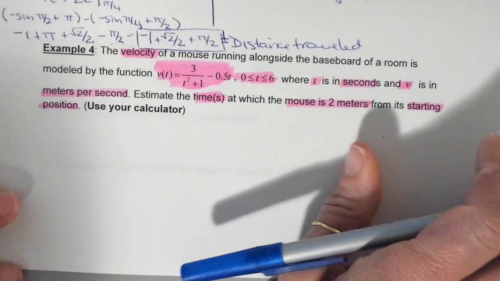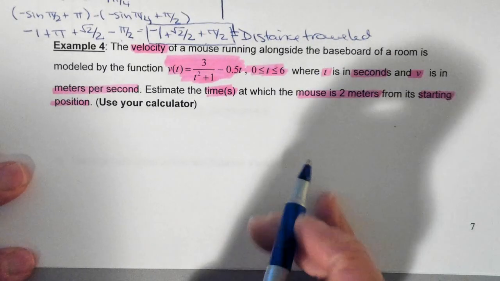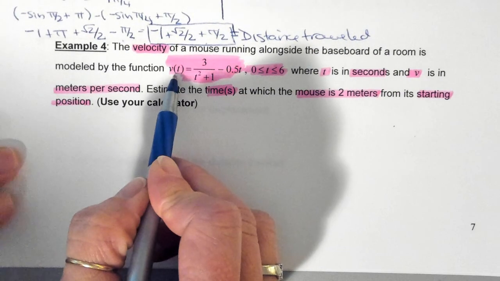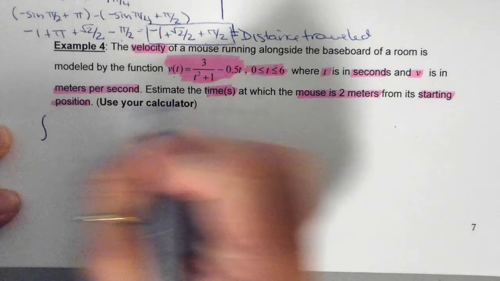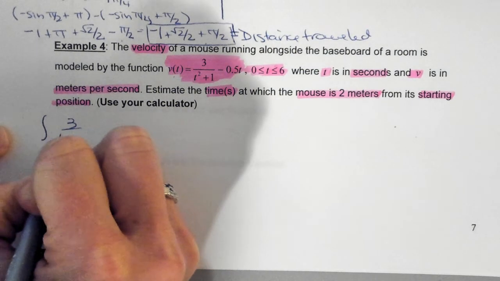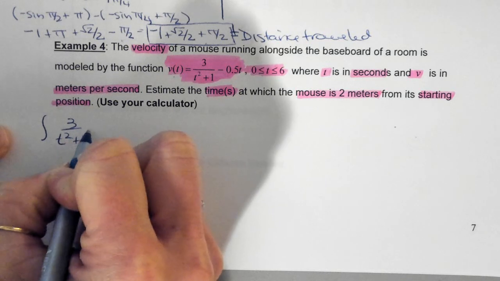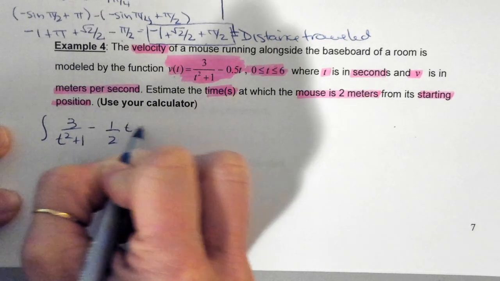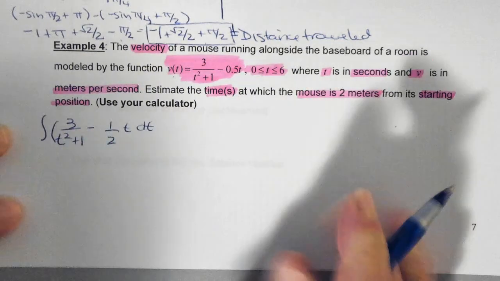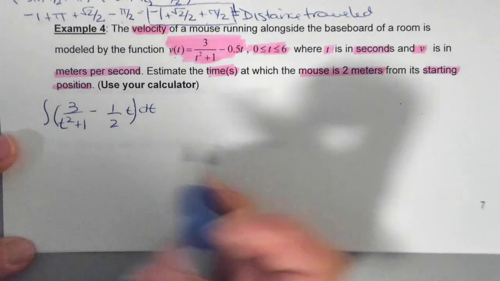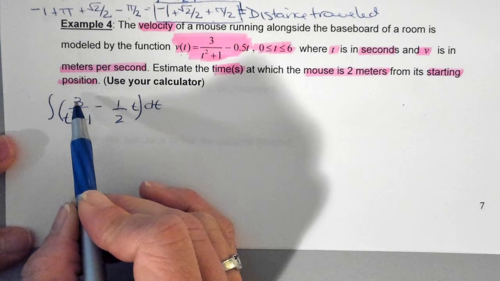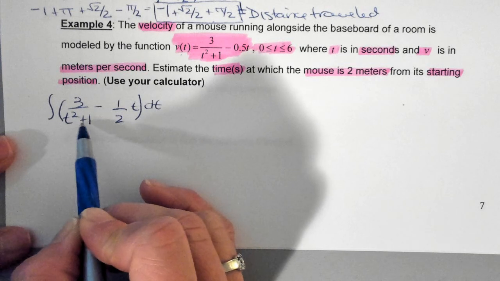Okay, so here's the deal. Neither one of those is my favorite. So if this is my velocity, let's see if we can integrate 3 over t squared plus 1 minus 1/2 t dt. We will use a calculator eventually, but I just want to see what's happening here. First of all, there's a 3 on the top, but what does this look like?